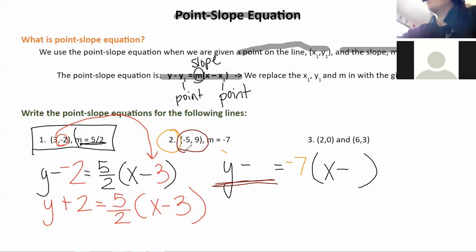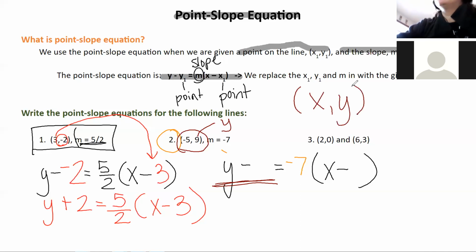And remember, if you're unsure, you can always write it on the screen. Malachi, that's right. 9 is the y value. Okay, remember, every coordinate point is x comma y. And 9 is your y value. So that goes next to your y.